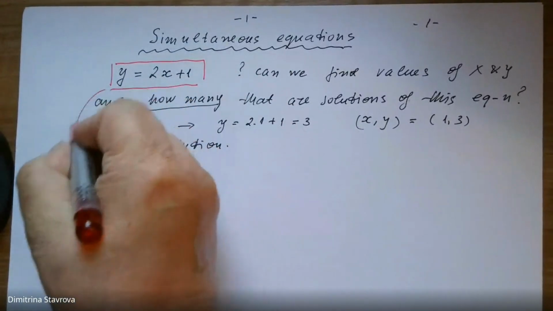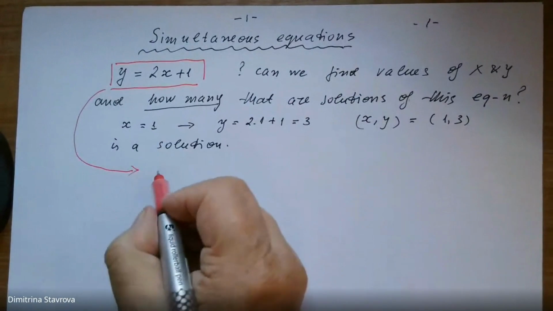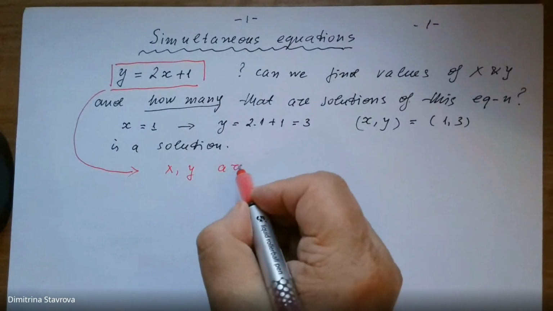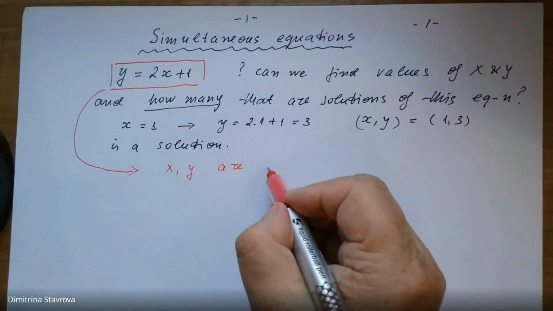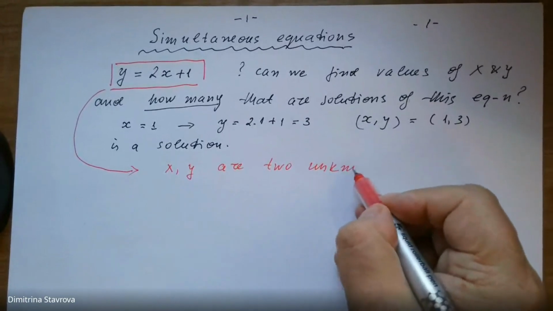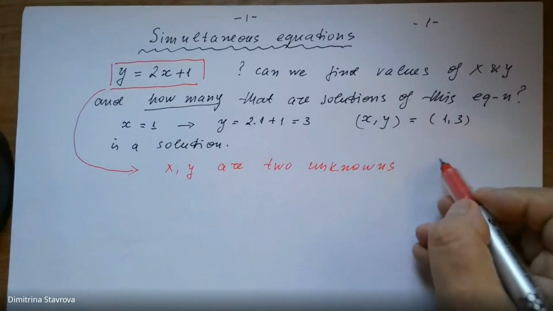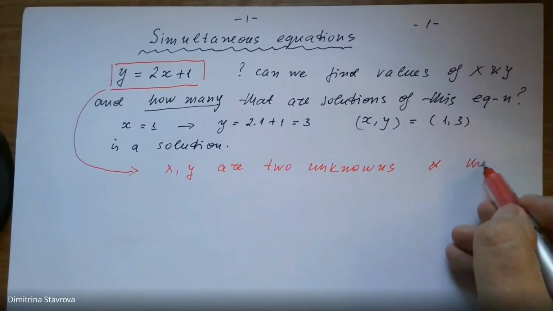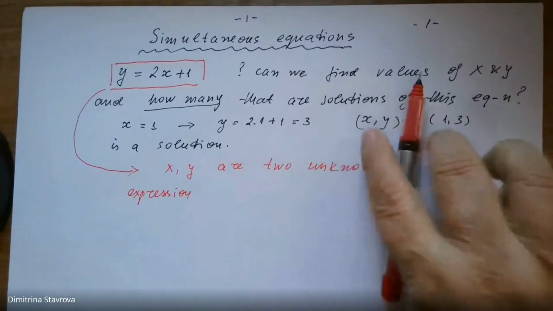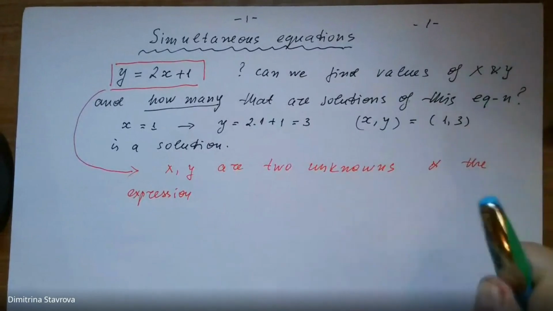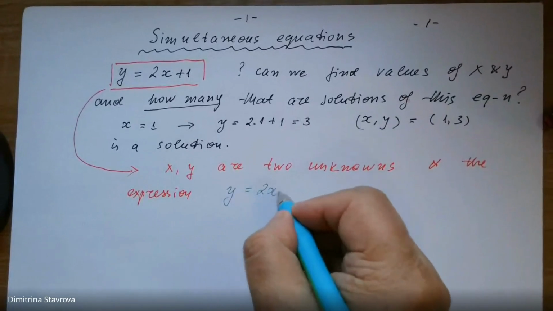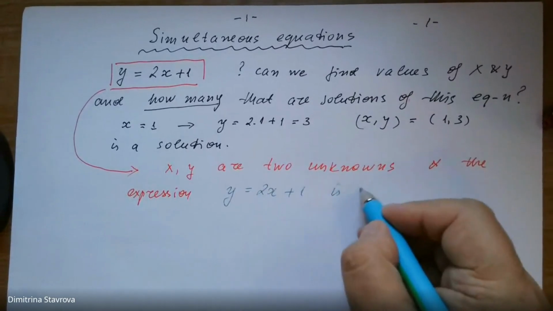Firstly, what is this equation? x and y are two unknowns, and the expression y equals 2x plus 1 is a linear expression.